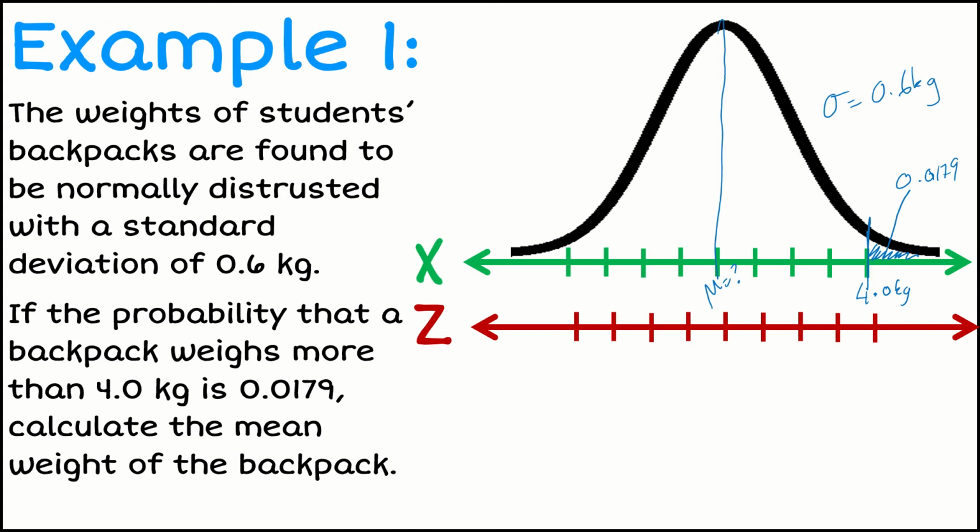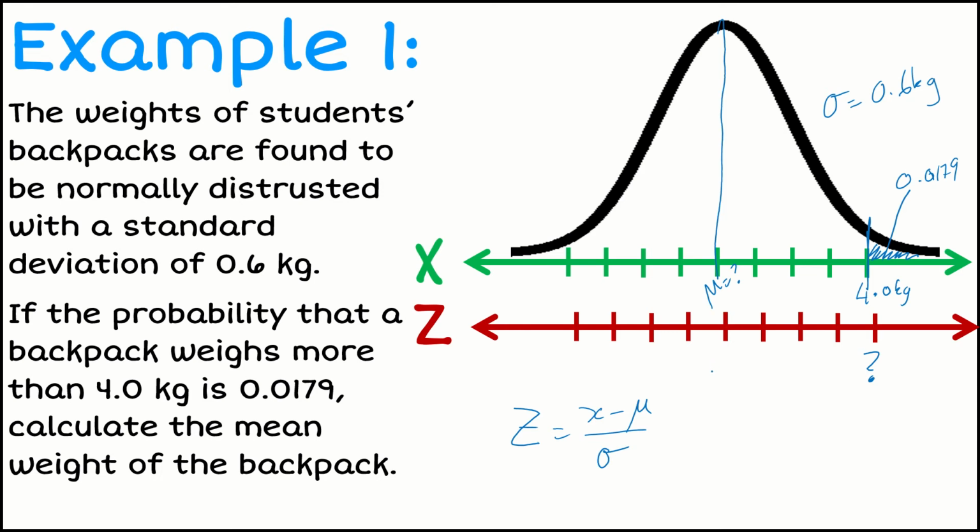So we've got some more information in terms of a probability and an x value. So what we're going to do is first of all use that to find the equivalent z value. Once we know that equivalent z value, we then have a formula, z equals x minus the mean over the standard deviation, and that formula converts between these two x and z distributions.